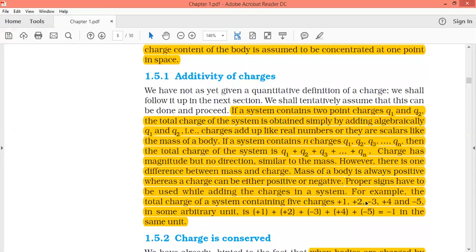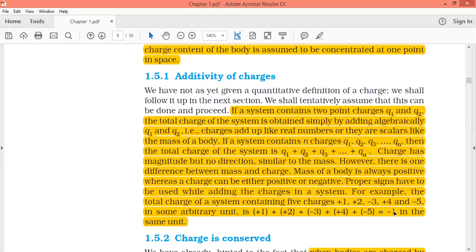For example, the total charge of a system contains 5 charges. Say some of the charges are positive, some of the charges are negative. So the charges are plus 1, plus 2, minus 3, plus 4, minus 5. When we are adding, we have to consider their sign also. Whatever value you get, that is the addition of all these charges.